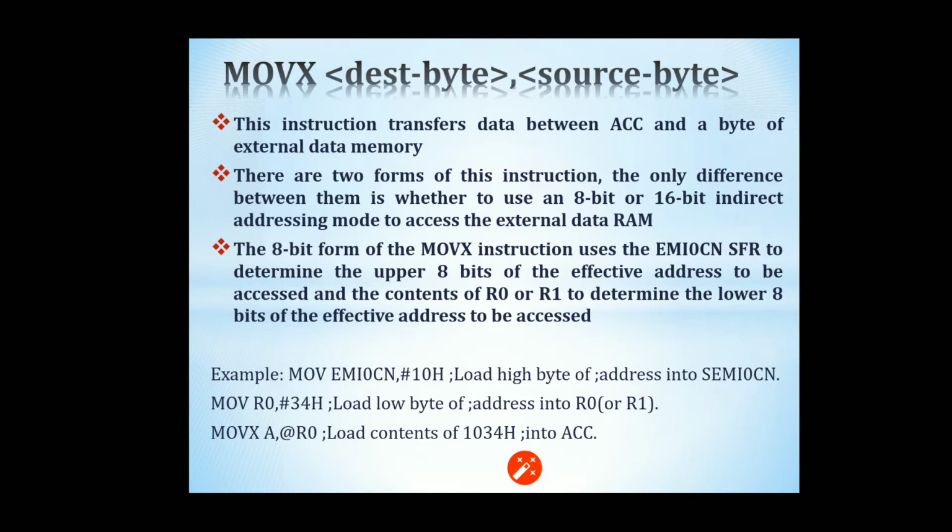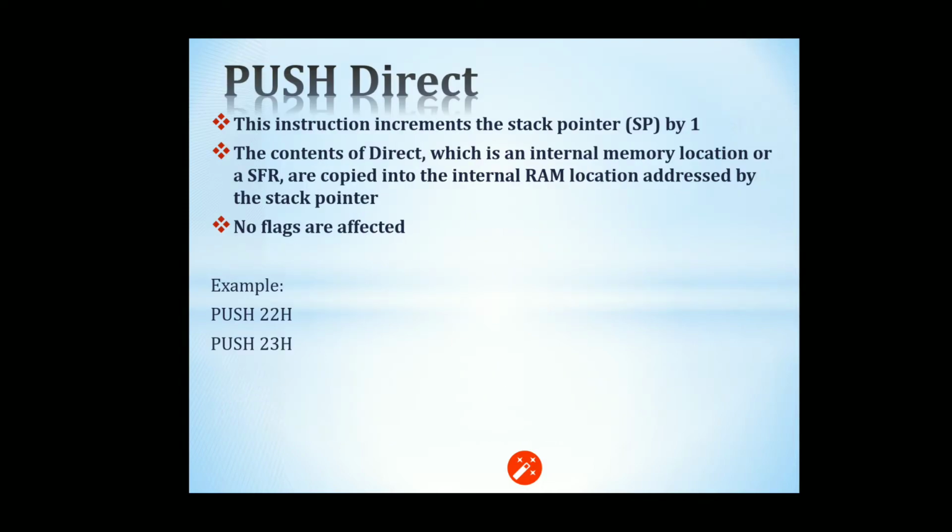The 8-bit form of the MOVX instruction uses the P2 SFR to determine the upper 8 bits of the effective address to be accessed and the content of R0 or R1 to determine the lower 8 bits of the effective address to be accessed.